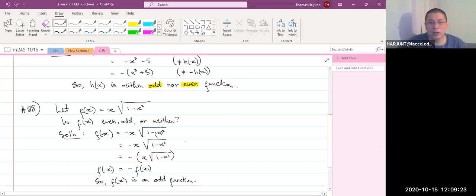Definitely not an even function because it's not equal to f of x itself. It's equal to the opposite, but not equal to the original function, so not even.